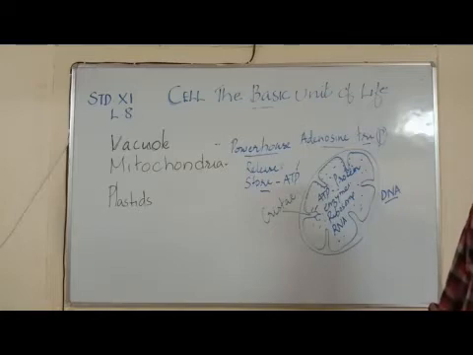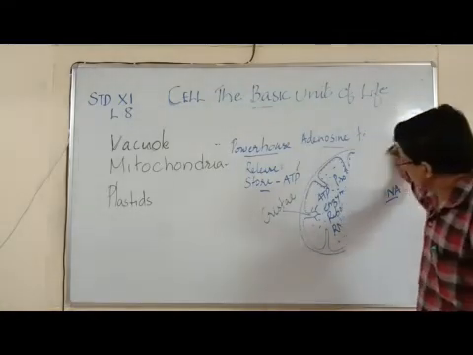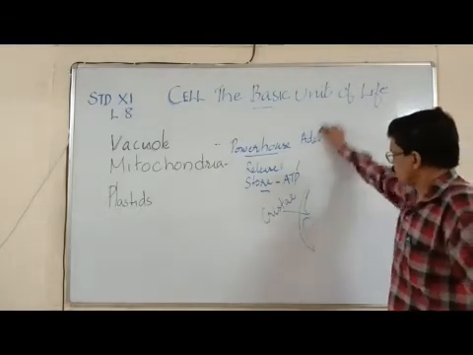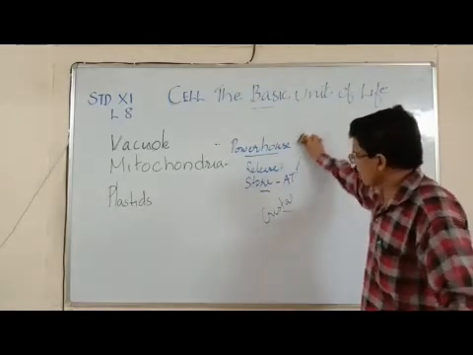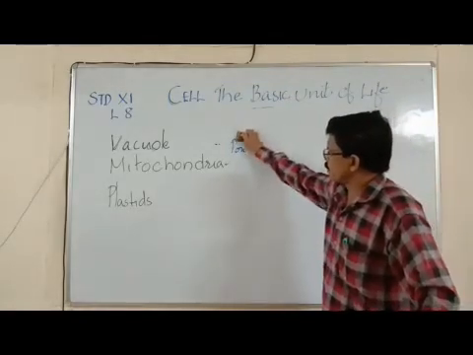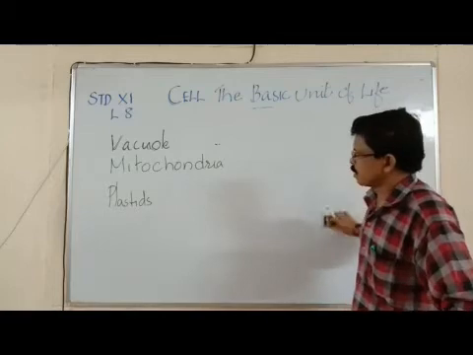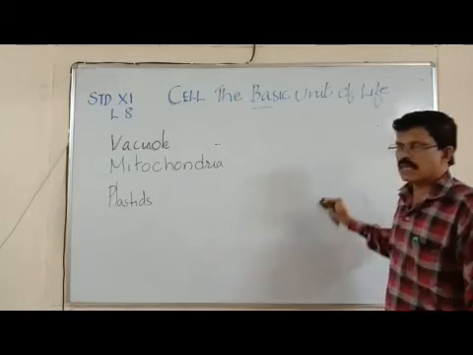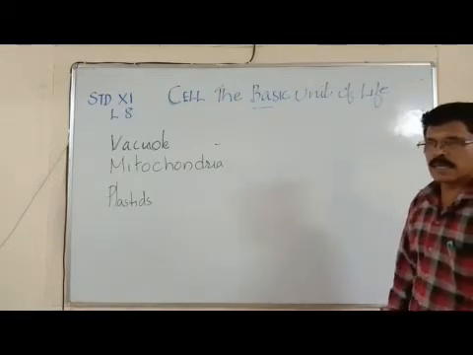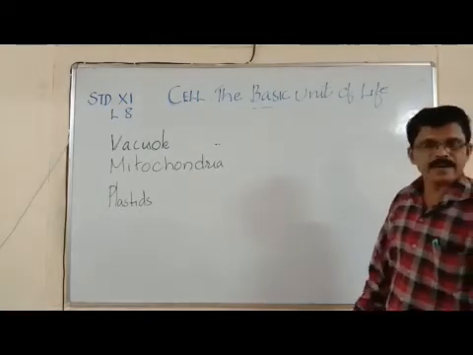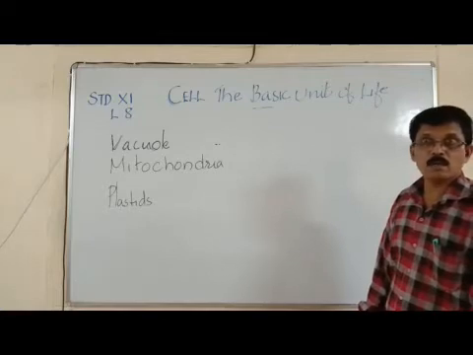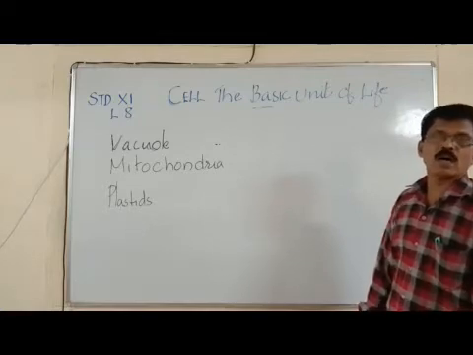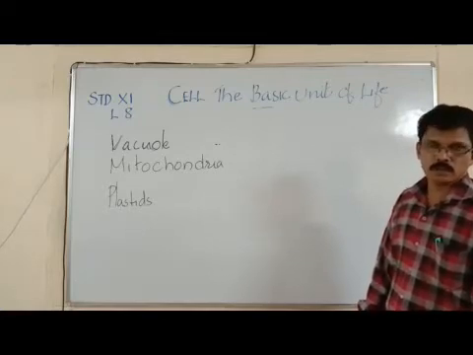Now we are coming to the plastids. You might have studied introductory points about plastids in lower classes. What are plastids? Plastids are organelles found in plant cells only. They are totally absent in animal cells. Plant cells as well as certain other organisms, algae, contain plastids. The euglenoid is the only protozoa that contains these plastids.